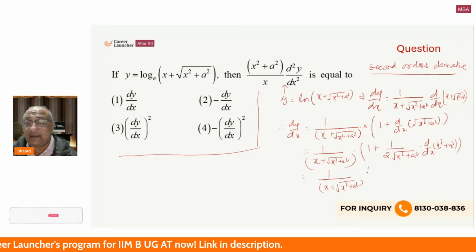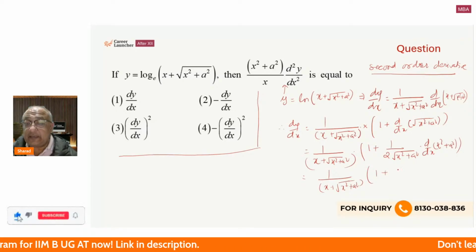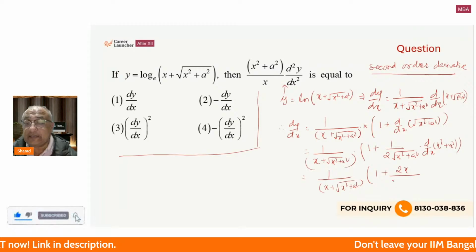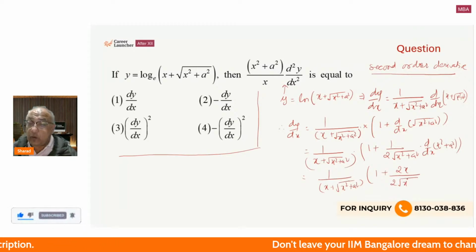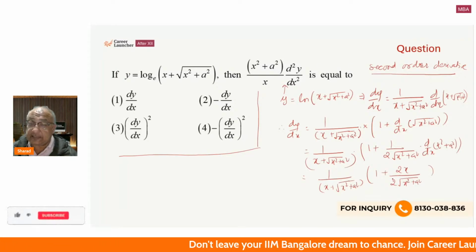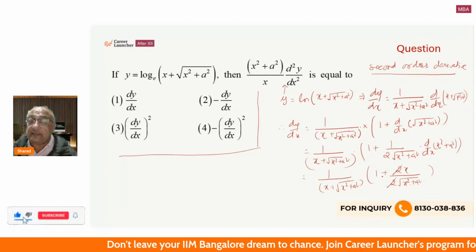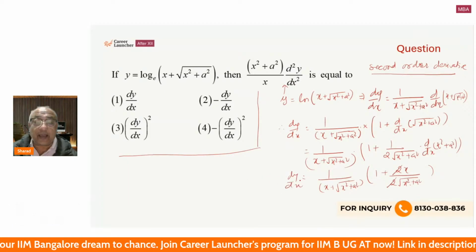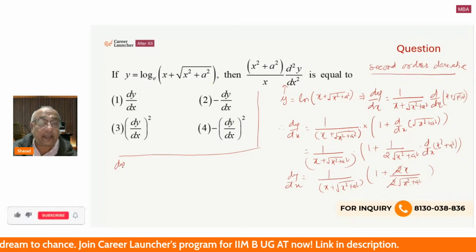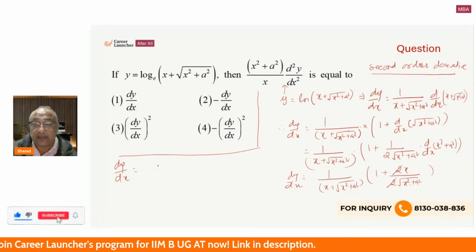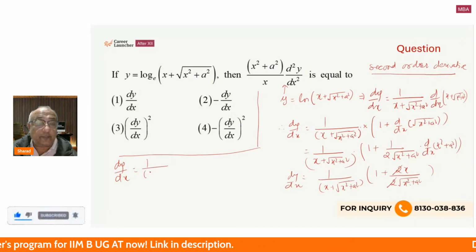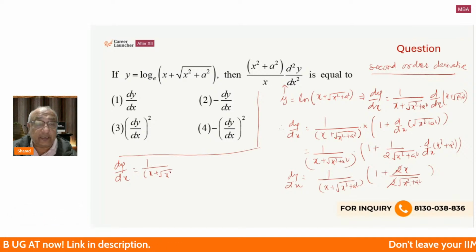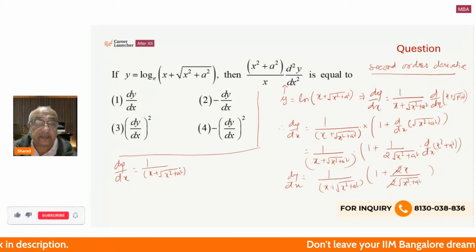It is mechanical only. 2x upon 2, and this is making sense now. This 2 and 2 cancel. This LCM will come, this will get cut. So this is simple. I have got my dy by dx, which is equal to 1 upon, let me see, I hope it doesn't go wrong. Let me write the step correctly.